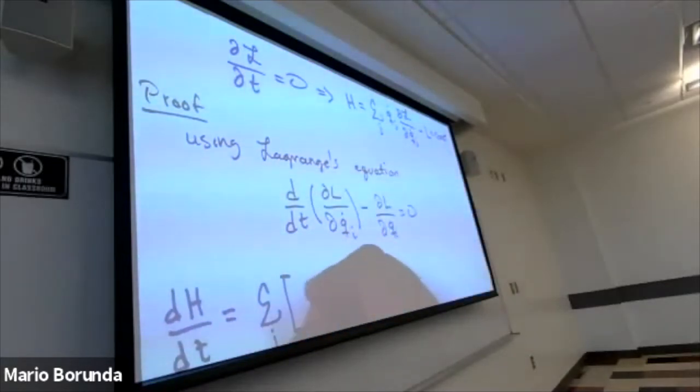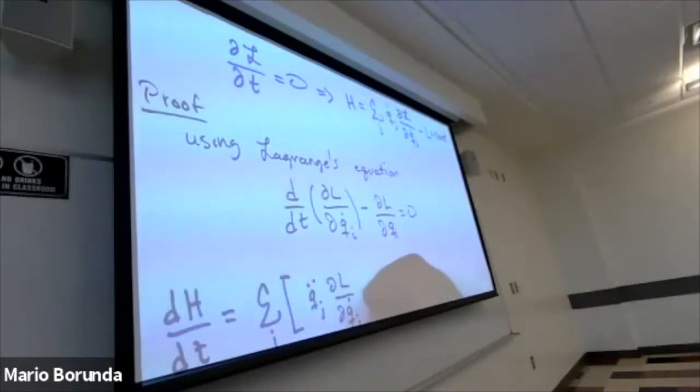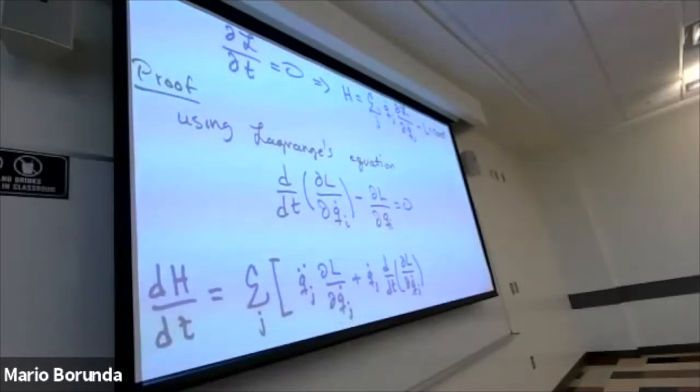And I would have this double dot j, then the first dotted j, then I need the next derivative. Is this.